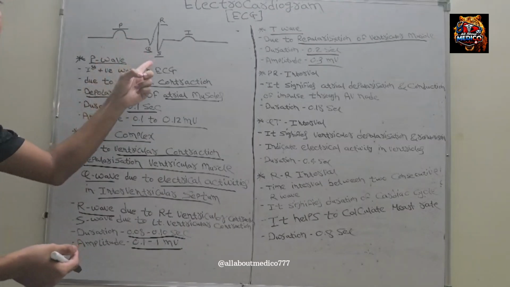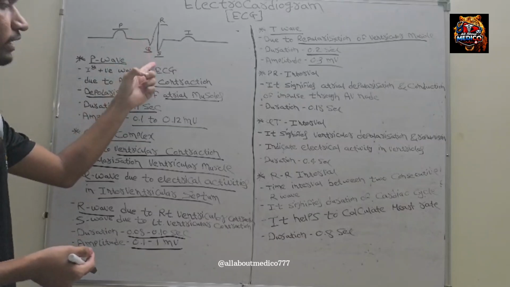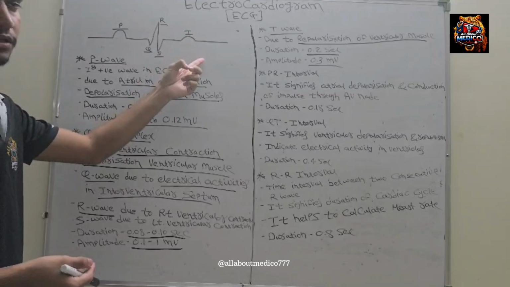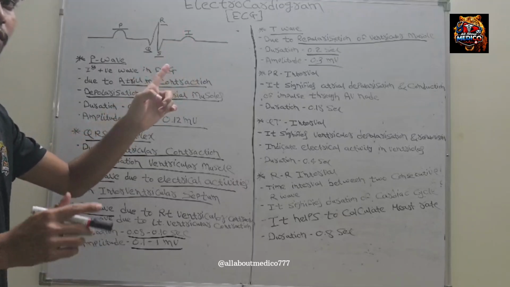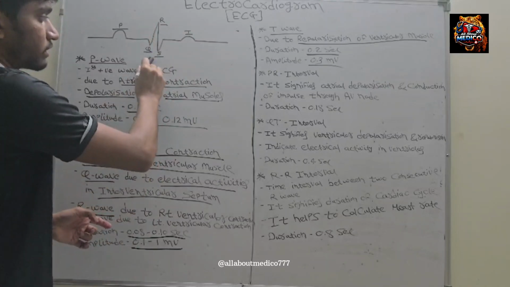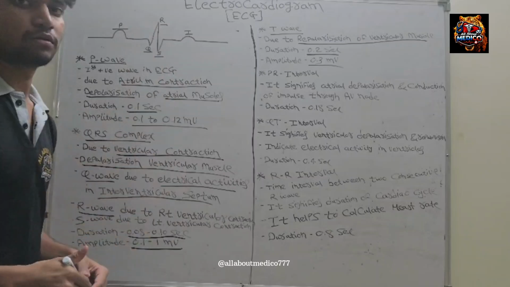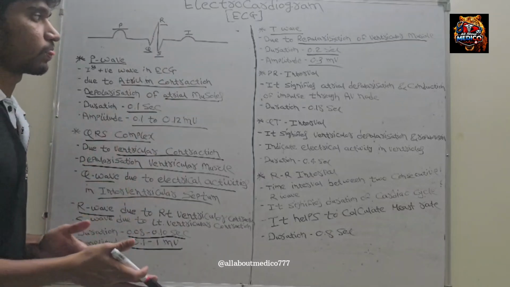In the QRS complex, depolarization of the ventricles means ventricular contraction. During the QRS complex, contraction of the ventricle and relaxation of the atrium both occur.